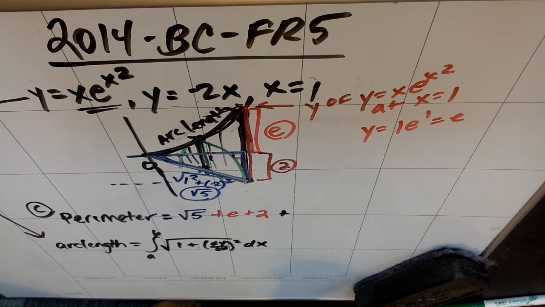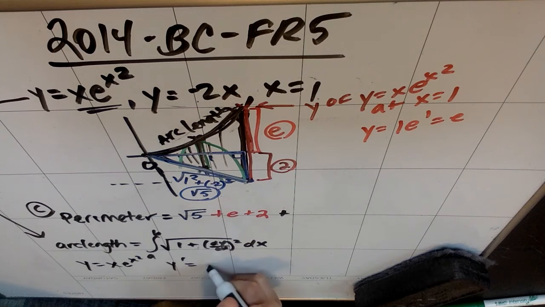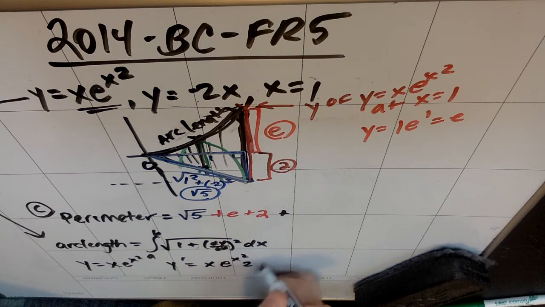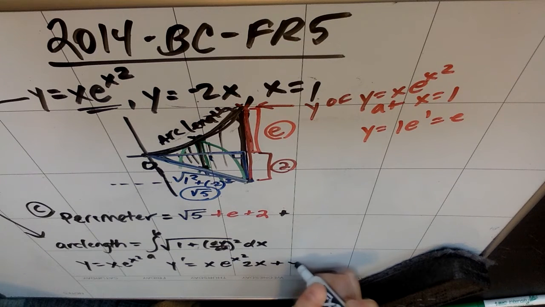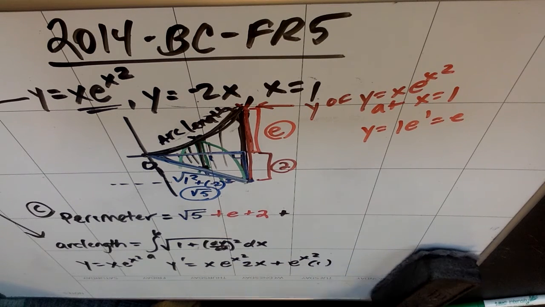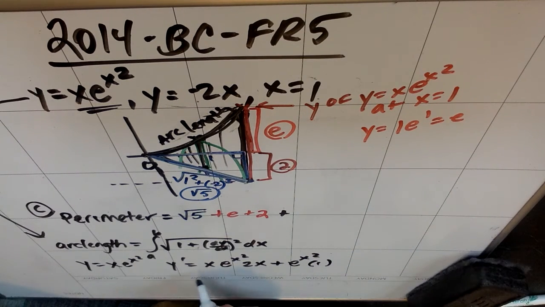So I need the derivative of this thing. If y equals x e to the x squared, my y prime is u dv, which is going to be e to the stuff times the derivative of the stuff, plus v du, which is just a 1. So I'm going to get, and I could leave it like this, to be perfectly honest, it doesn't matter. I can leave it as this entire giant ugly monstrosity quantity squared. That's fine.